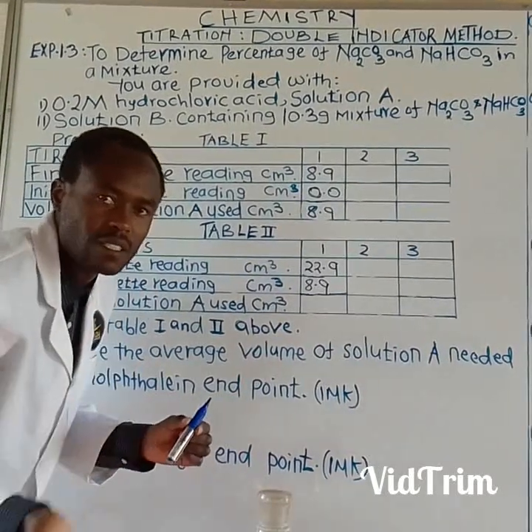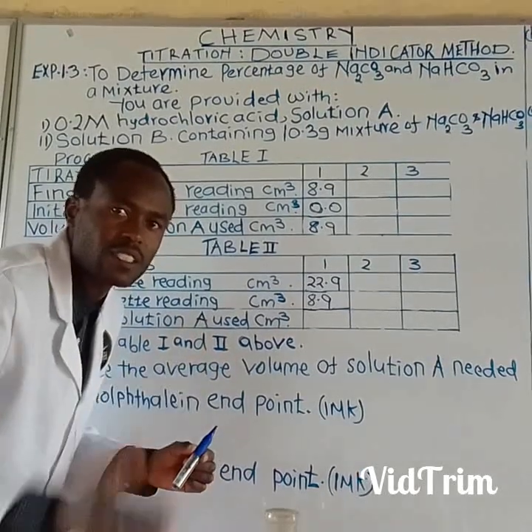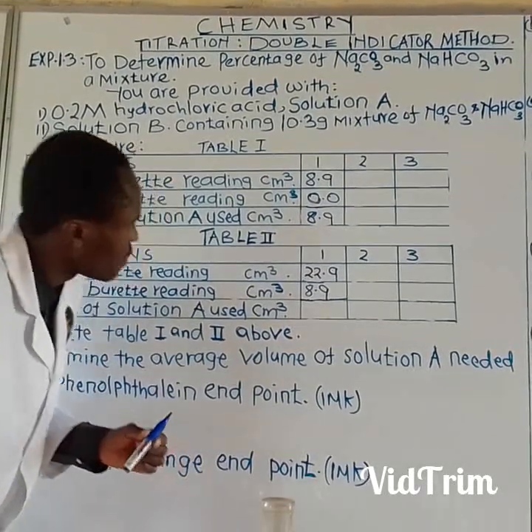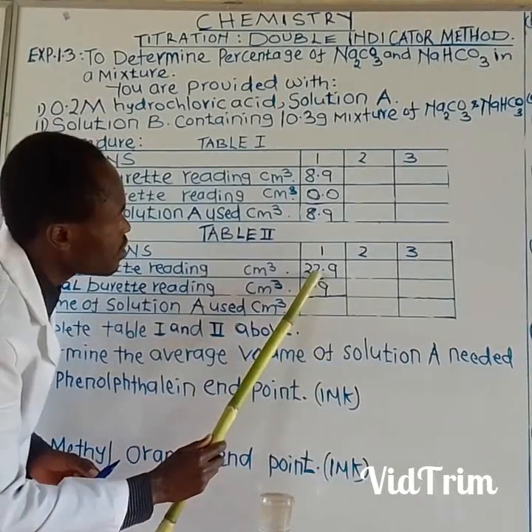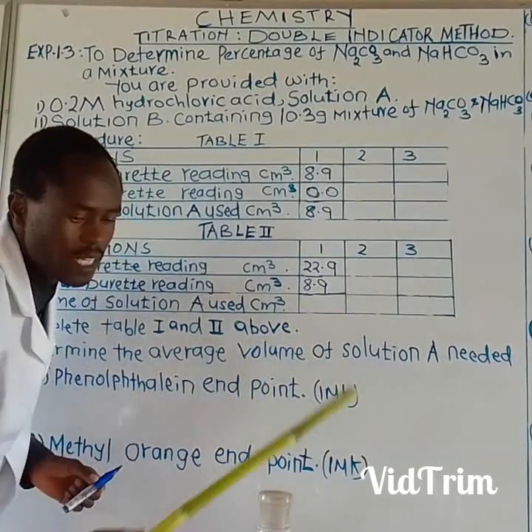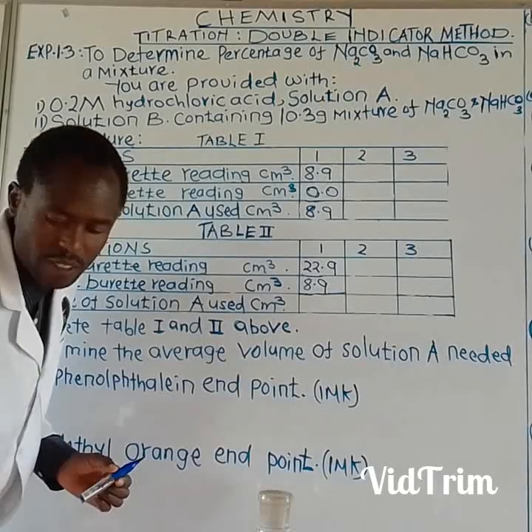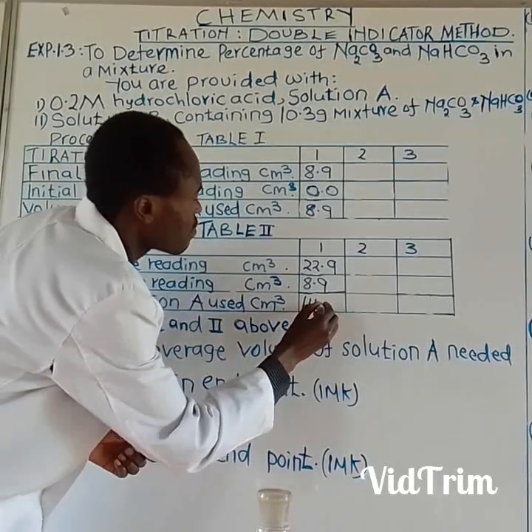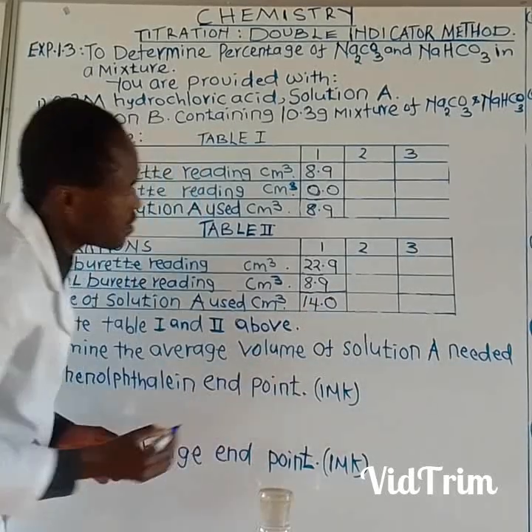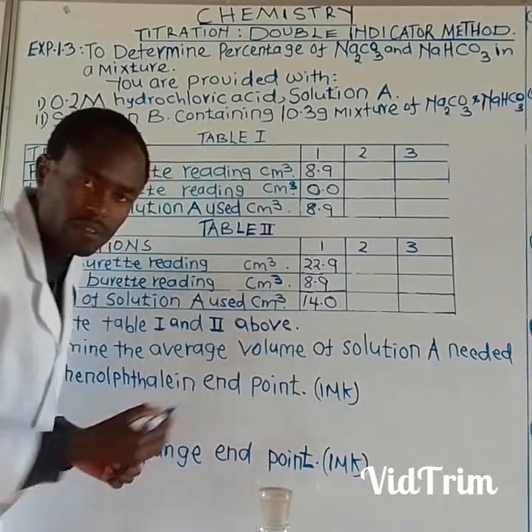We have just changed the indicators. Is it okay? So you take final minus initial, which is 22.9 minus 8.9. This one gives us what? This is 14.0. Is it okay? 14.0.